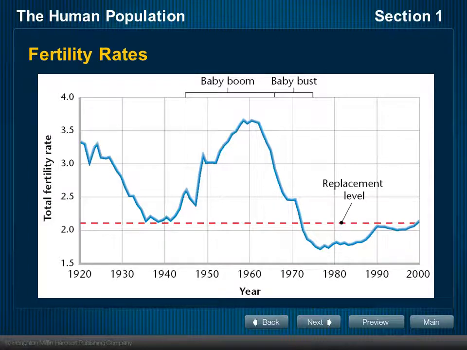And then you have about 1945-ish, and really between 45 and 65-ish, you have what we have historically referred to as the baby boom. And you can see on the graph, the fertility rate goes up fairly quickly, and is maintained between 3 and 4 children for a number of years.